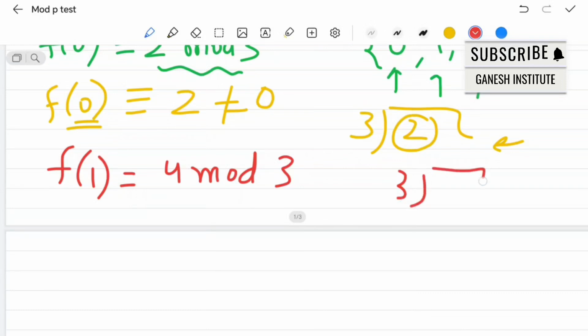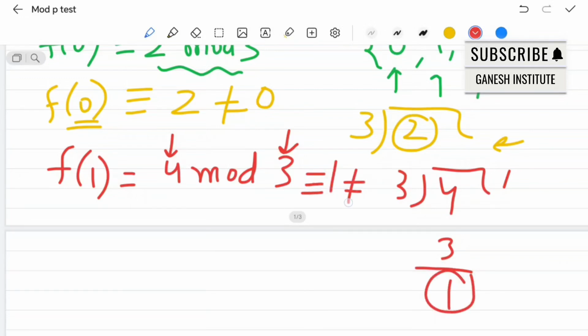So just divide this. This is divisor, this is dividend. 3 ones are 3. What is the remainder? 1. But 1 is not equal to 0. That is, this is not divisible completely. So we will say that it is not reducible for f(1) as well. I mean, the value x = 1 is also not satisfying it for the reducibility.